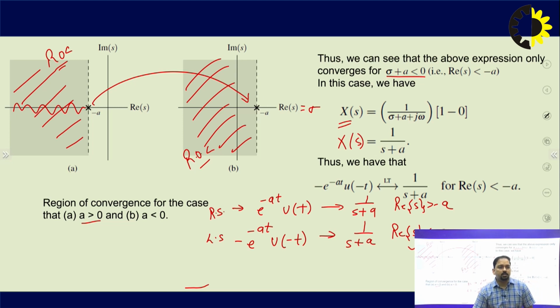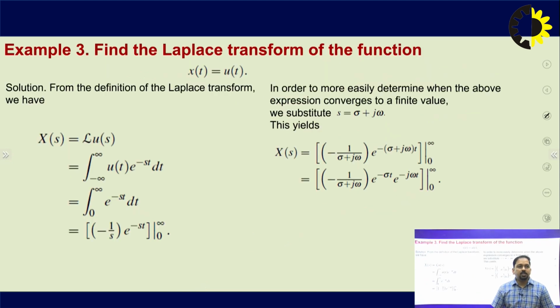So after this we can start with the third problem, which is the Laplace transform of a unit step signal, or the unit step function. For the unit step function, X of s is the integral from minus infinity to infinity of u of t e raised to minus st dt.